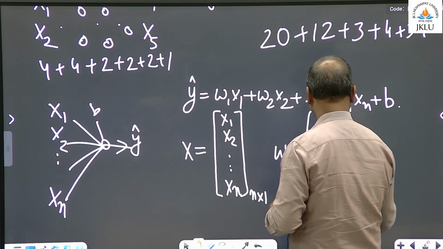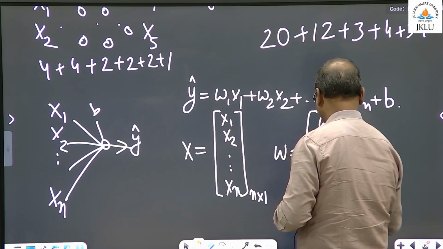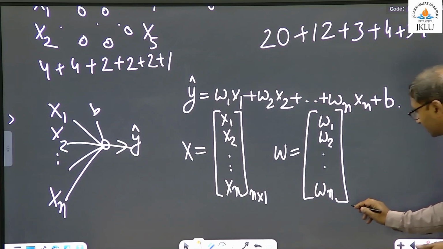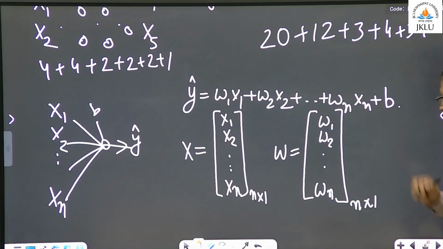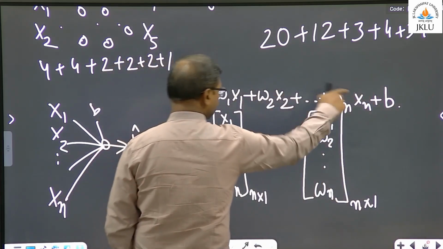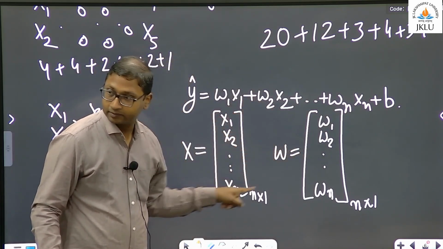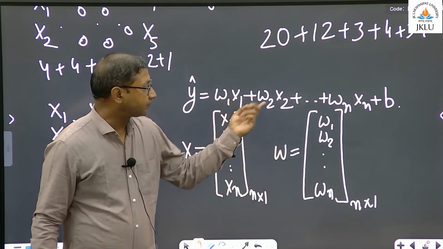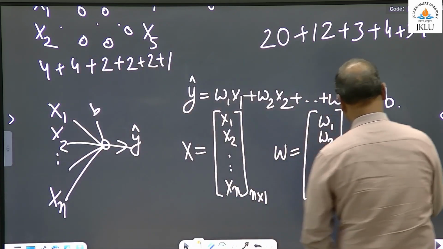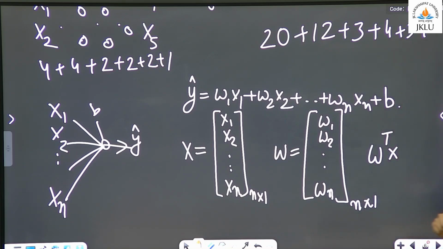So how will w look? w1, w2, all the way until wn. This is of size n cross 1. I want to vectorize this calculation. What I basically want is for wi to get multiplied with xi. How do I do that? w transpose x plus b.